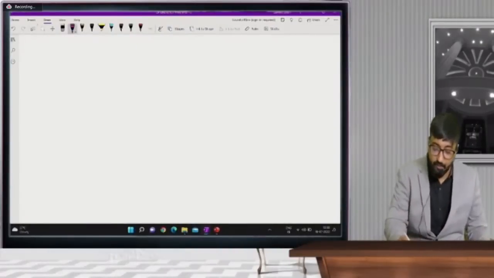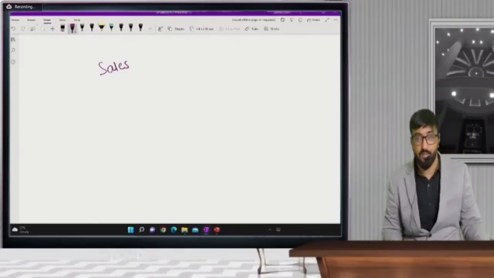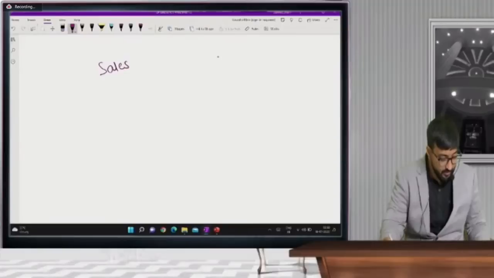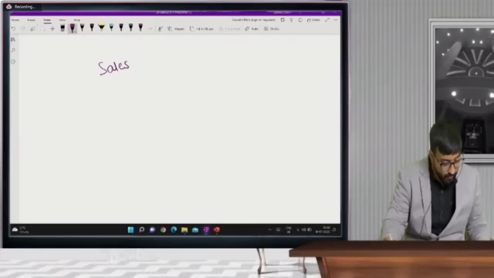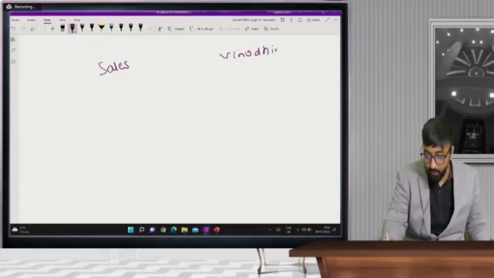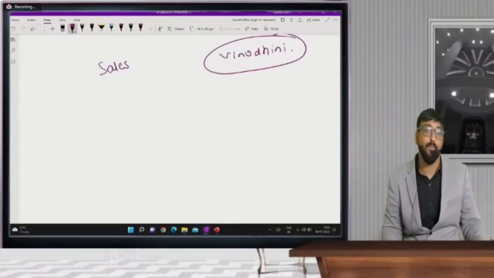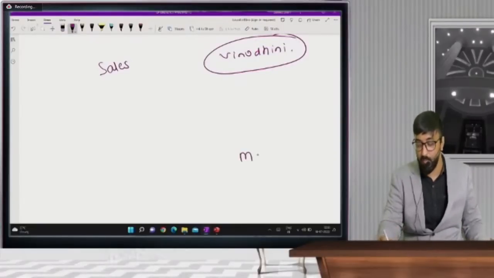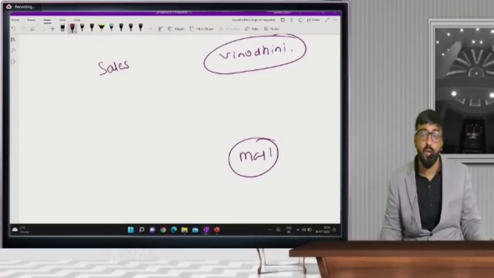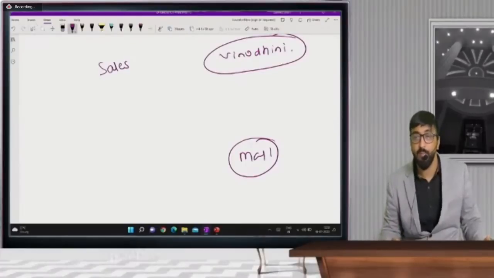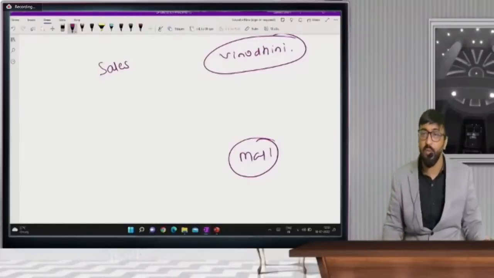See beta, in mall, in case of sales, suppose here is Vinodhini. Vinodhini is from South beta. She visited mall. She bought some clothes, one Punjabi dress.